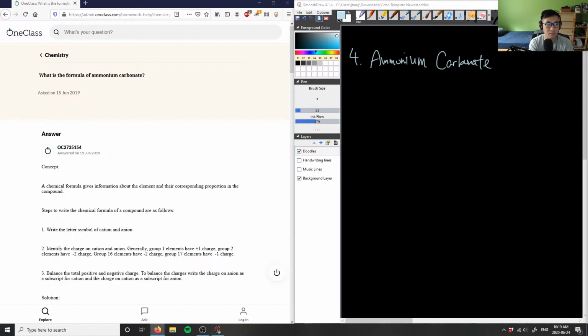We have ammonium carbonate, so we know this is going to be an ionic compound. So if you do look at your periodic table, you're going to realize that you're not going to actually find anything there, because ammonium and carbonate are both polyatomic ions, which means they're actually compounds that exist together as one charge.